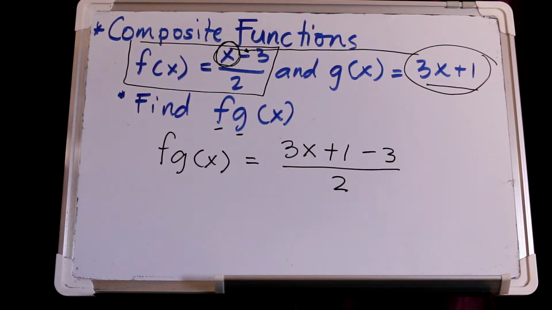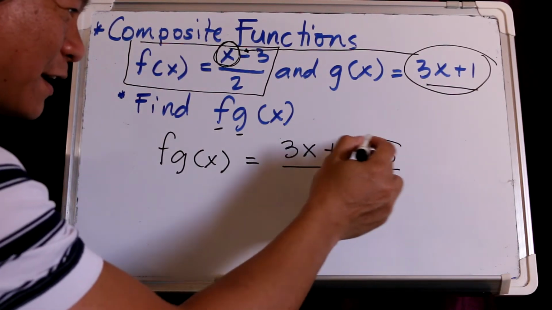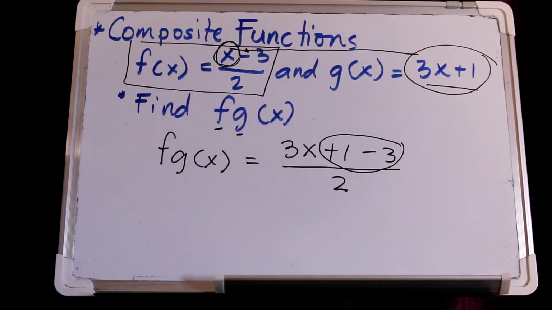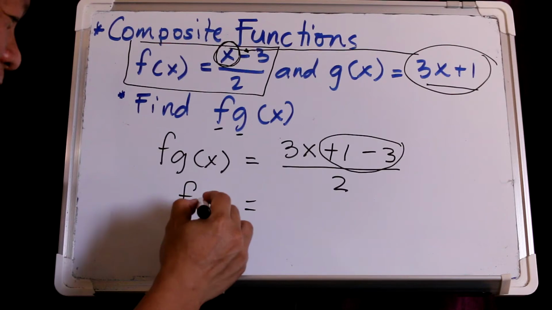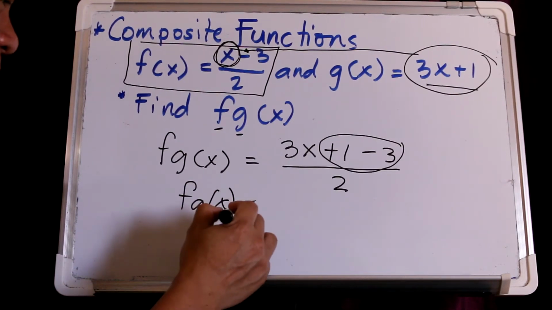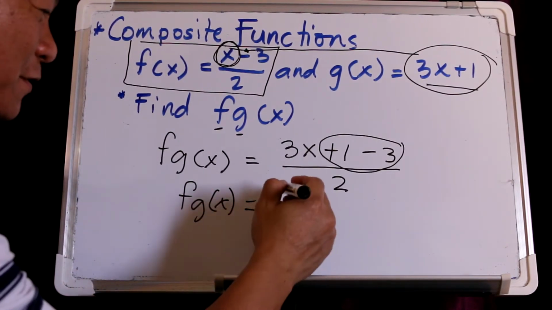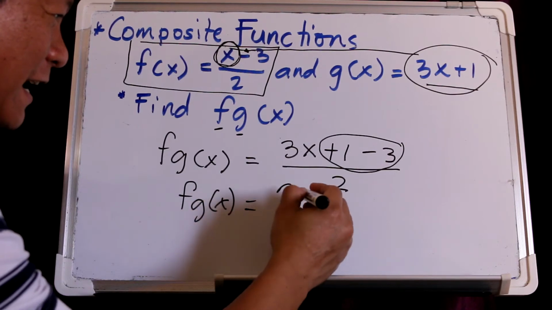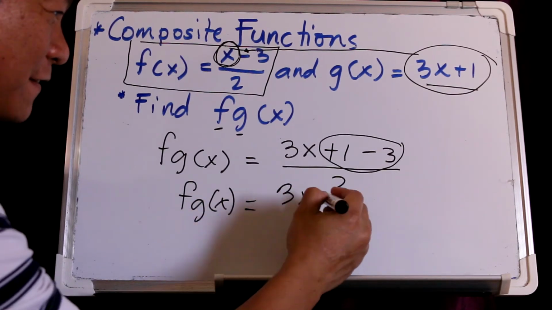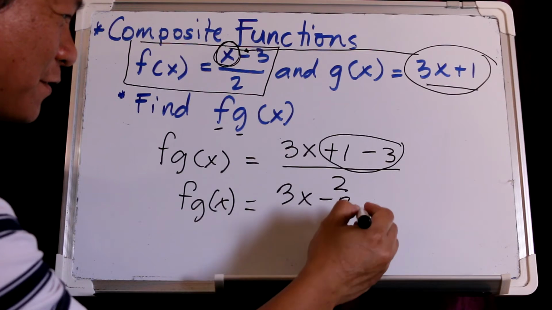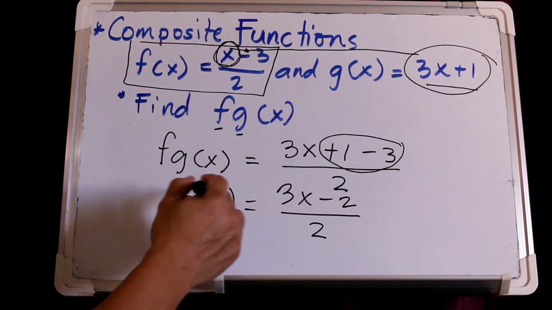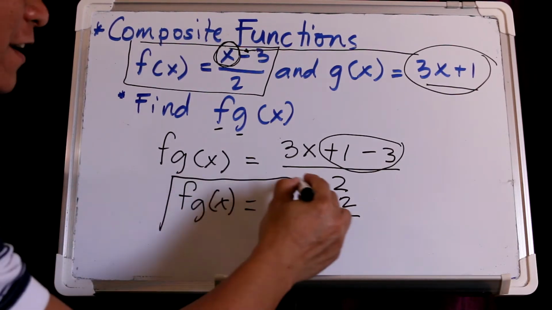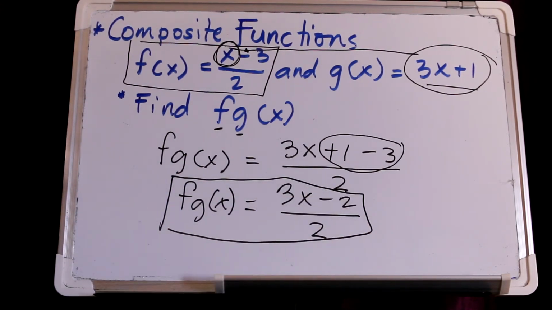Then the next step is to combine this together. So that means you will have fg(x) is equal to (3x minus 2) over 2.